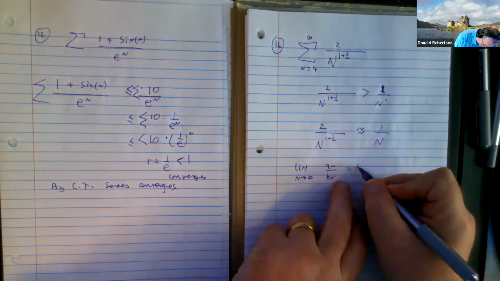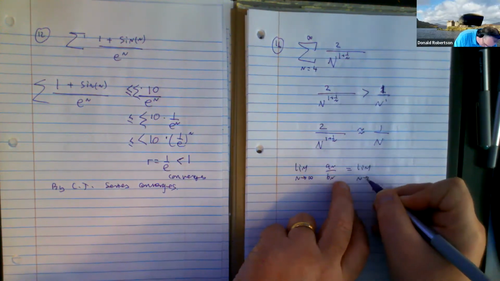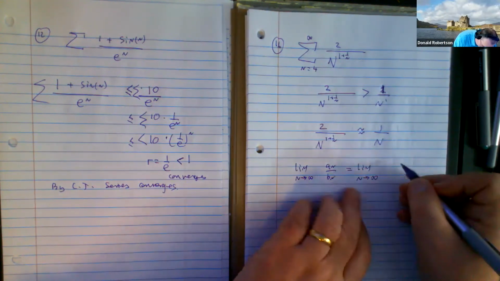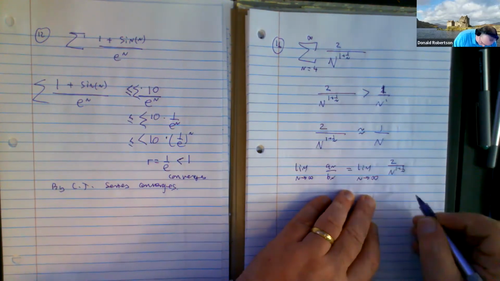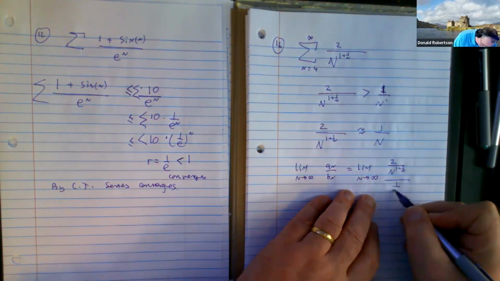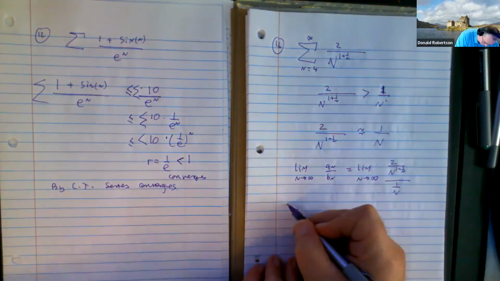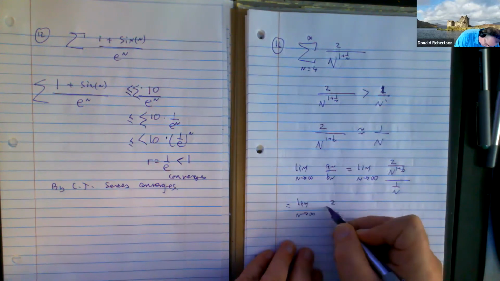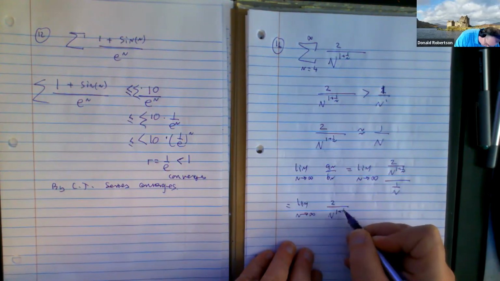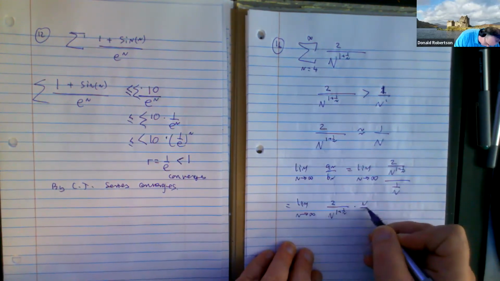And I wouldn't choose to normally do that, but there's always an exception to every rule. So we have 2 over n to the 1 plus 1 over n divided by 1 over n. It's going to be the limit as n tends to infinity of this guy times that guy.